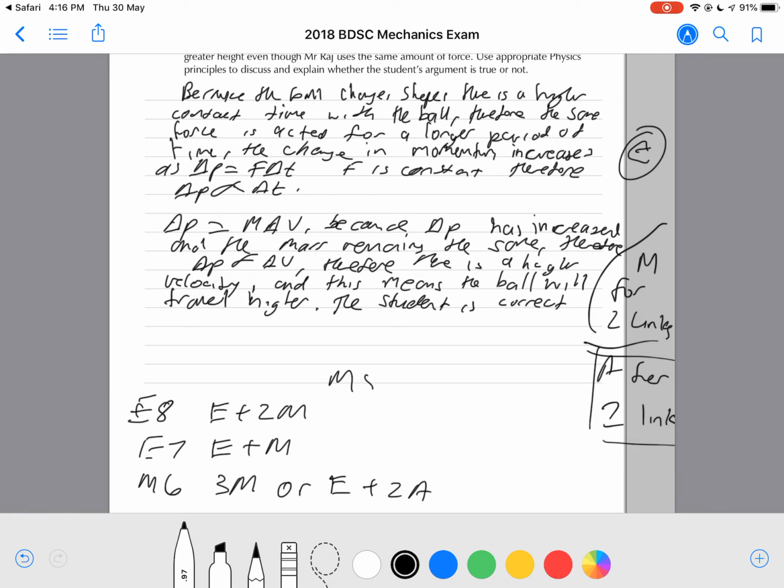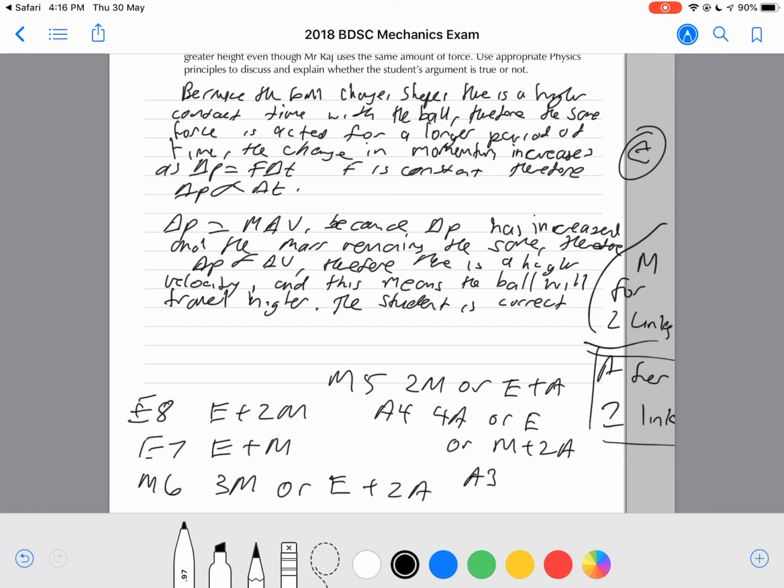M5, you're looking at 2 merits, or 1 E plus an A. To get an A4, you're looking at 4 achieves, or 1 E, or 1 merit plus 2 achieves.